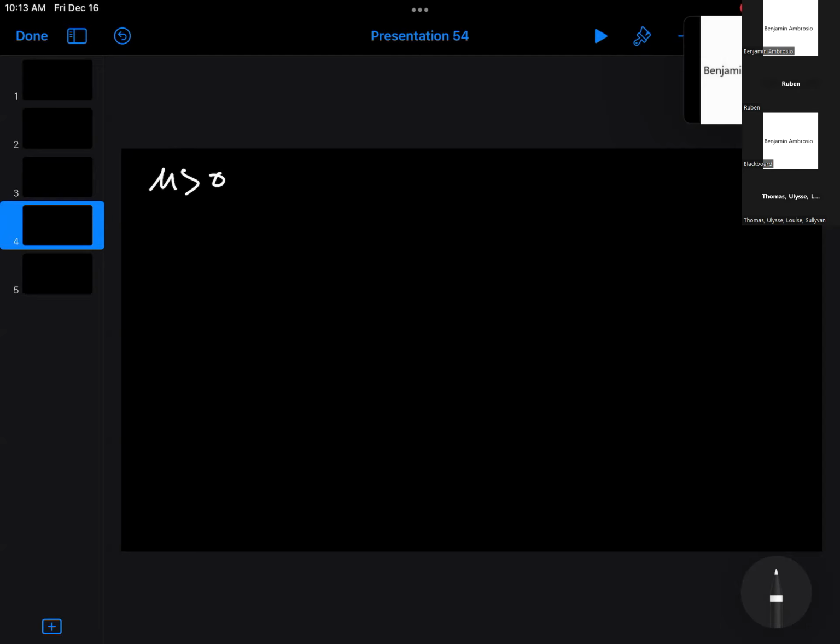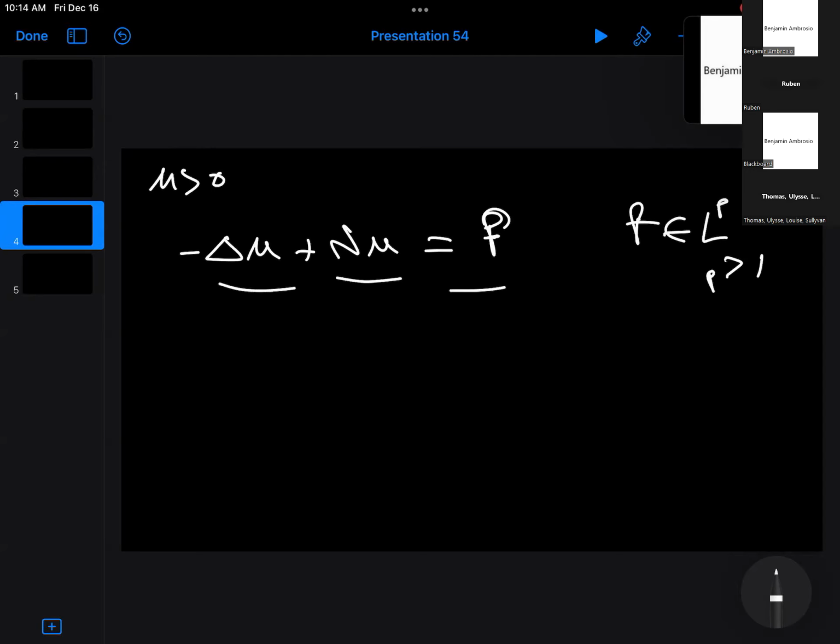So we have minus Laplacian U plus lambda U equals F. So F belongs to LP. We will work with the different terms here.